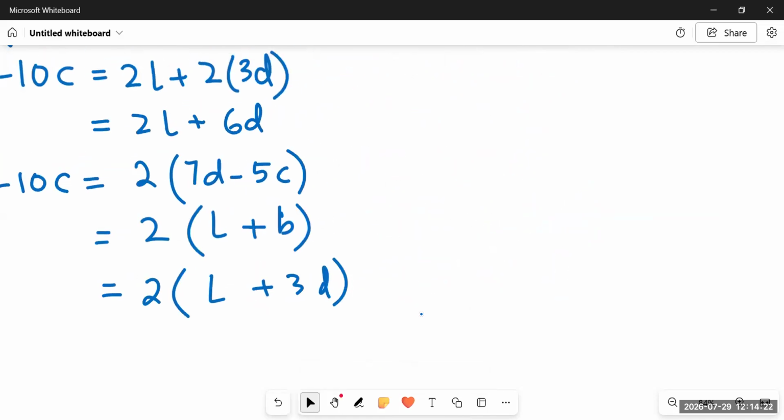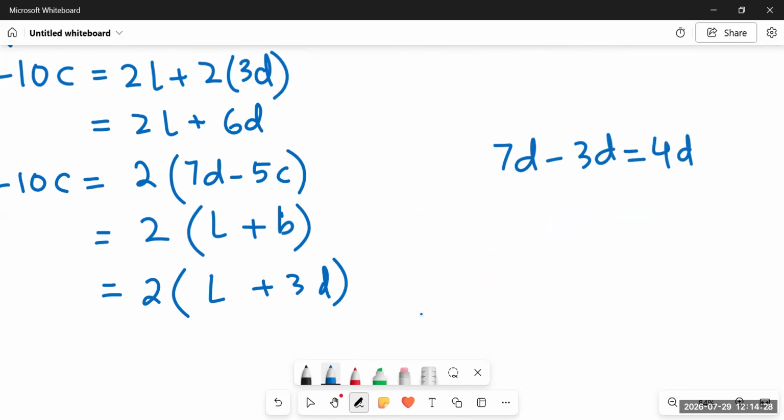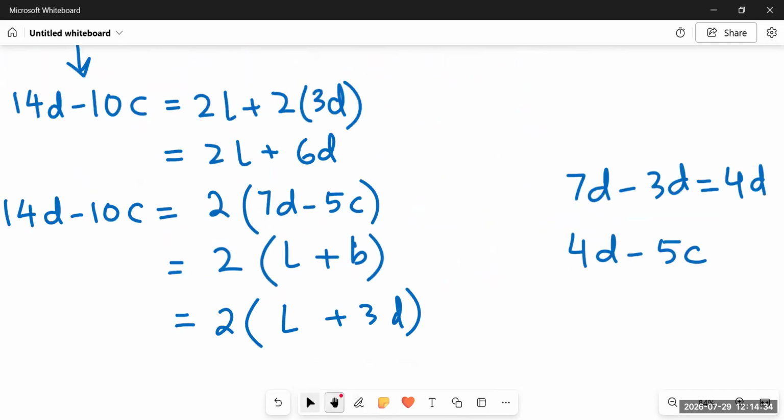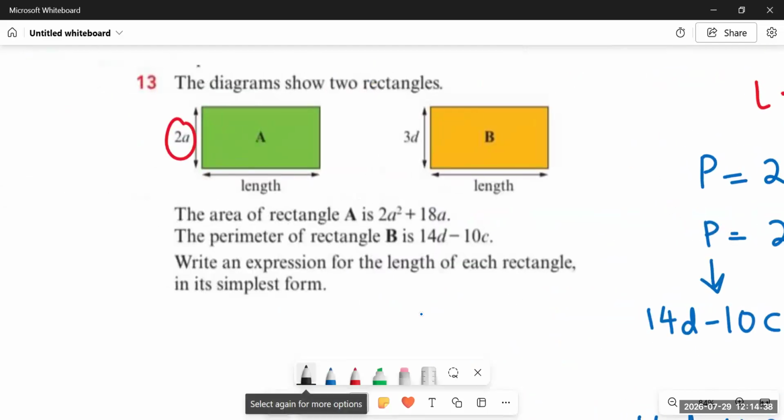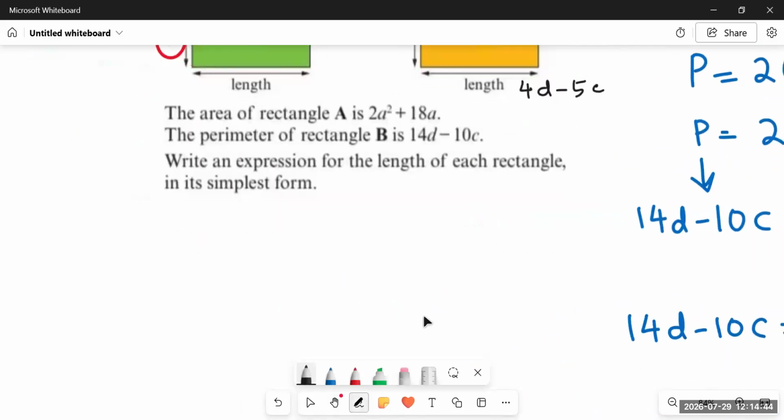We simply have to subtract 3D from 7D. We will get 4D. And we also have minus 5C. So it's 4D minus 5C. Right? So the length will be 4D minus 5C.